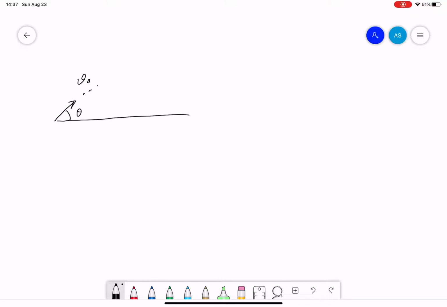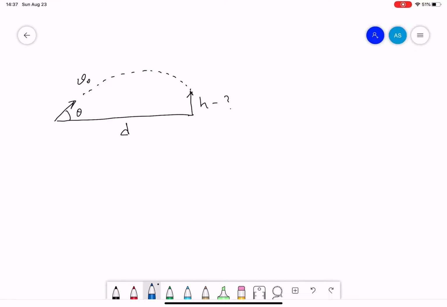Then the water strikes the building at a certain height. This height is h and this is a distance d, so we have to find what h is if d is given.